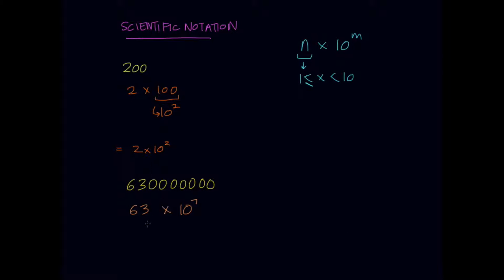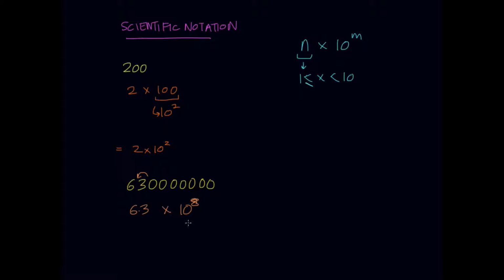What does fit our range is if we make the 63 a 6.3. If this 63 becomes a 6.3, then it will fit our range. So what we're doing now is going back another decimal place, so we have to raise the 10 to another exponent.